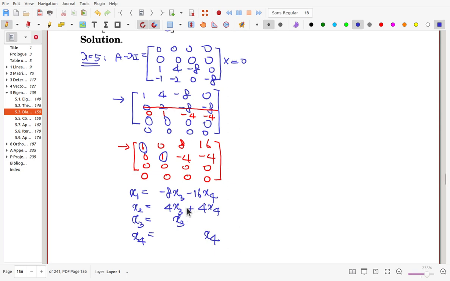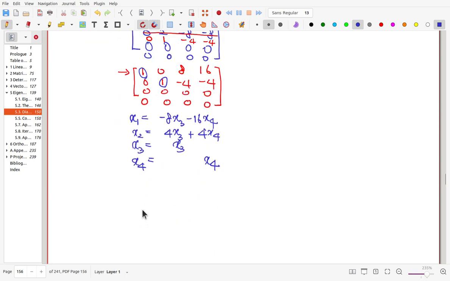Now, from this one, we can conclude x is, along with x3, the direction is minus 8, 4, 1, 0, plus x4, along with x4, we have now minus 16, 4, 0, 1.